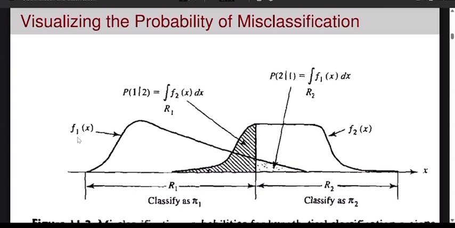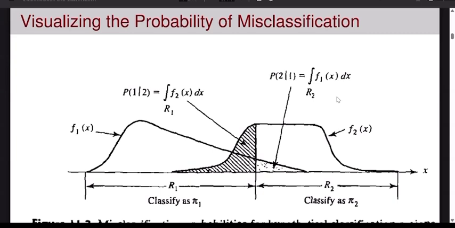Because they are probability functions of a continuous random variable, we're talking about a density curve. Now you can see the f of x1, you can see the f of x2, and here we are trying to locate the probability of misclassification within this particular framework.